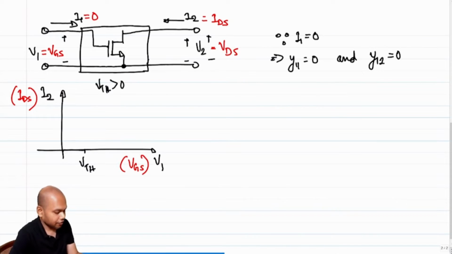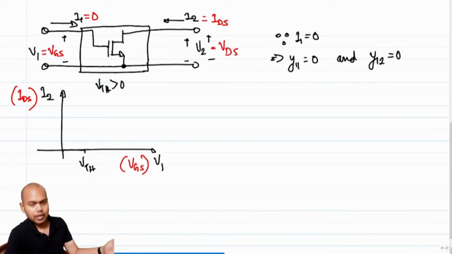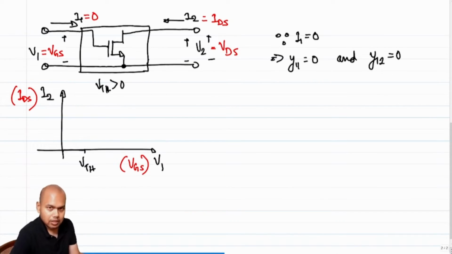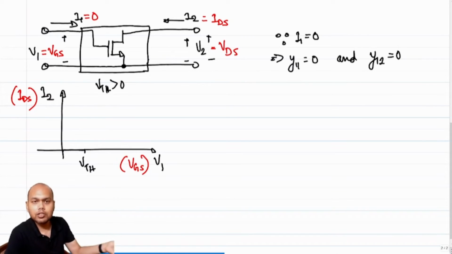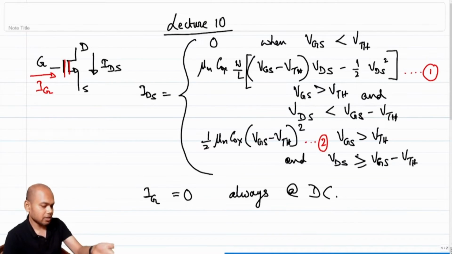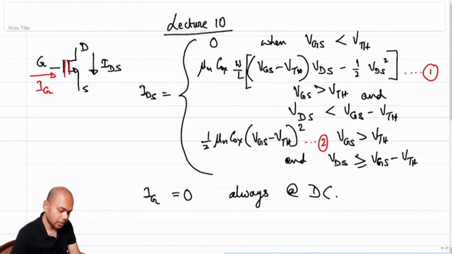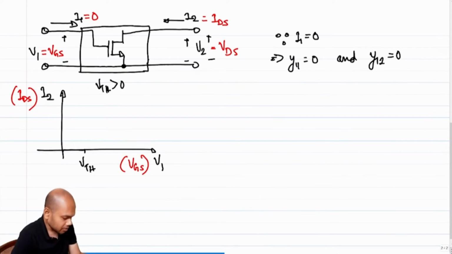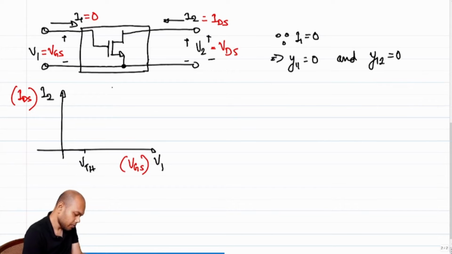What happens after I increase VGS beyond the threshold voltage? If I increase VGS just beyond threshold voltage, you might turn around and ask me, that is not sufficient information. You need to tell me what is VDS, the voltage difference between the drain and the source, so that I can understand which equation I should use, right? Okay, let's take some numbers. So let's assume VTH is equal to 1 volt.